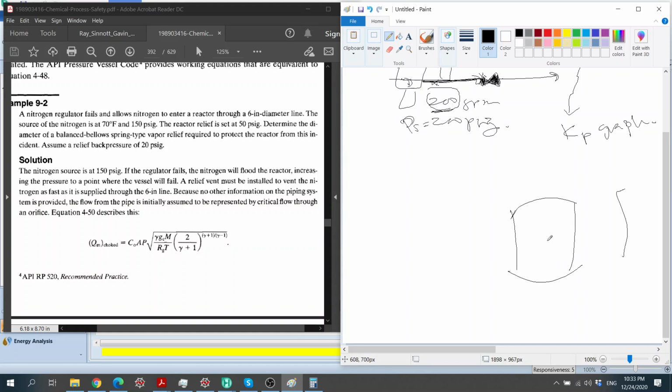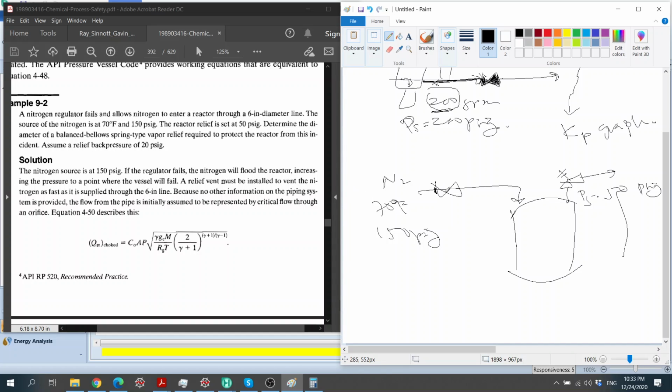We have nitrogen 9. This is then 70 degrees F and 150 PSIG. This is then the relief, set at 50 PSIG, while this source pressure is at 150 psig.